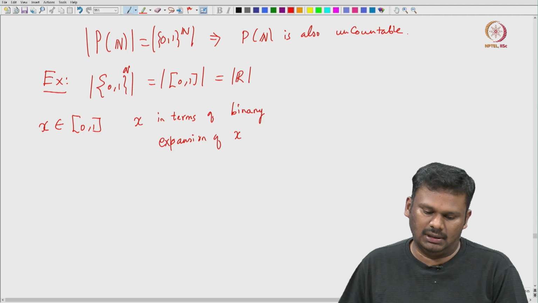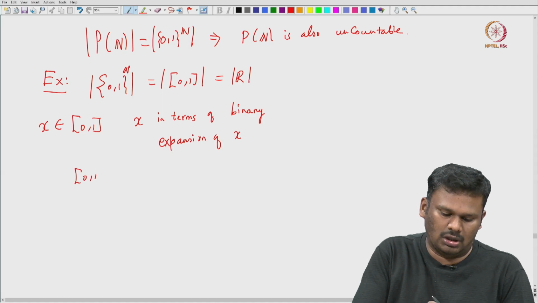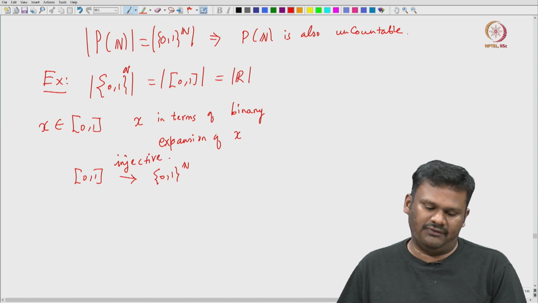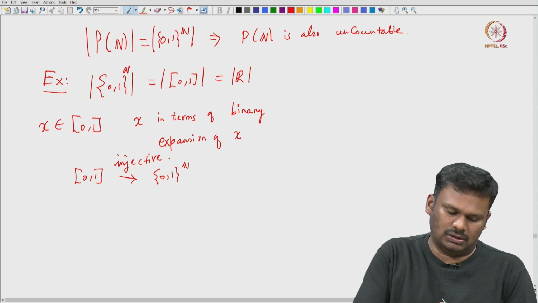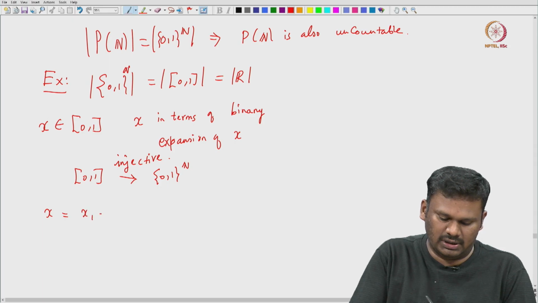So, then you will be able to actually get a map from the closed interval 0 comma 1 to this 0 comma 1 power N. Okay. So, this is indeed an injective map.